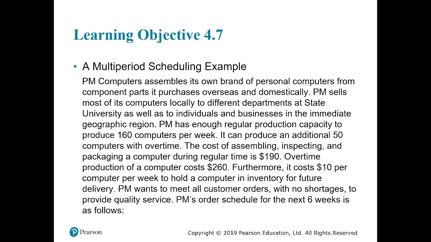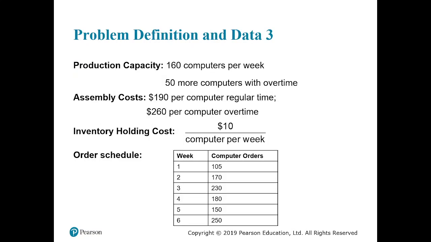However, if they produce more than what is demanded, like if they produce 160 but demand is only 100, then they have to pay $10 per computer for inventory cost. Okay, so the ideal is that we want to produce exactly the amount demanded.